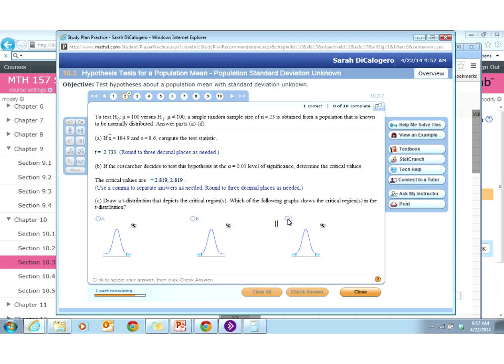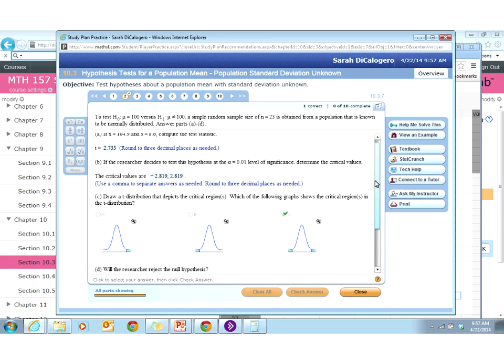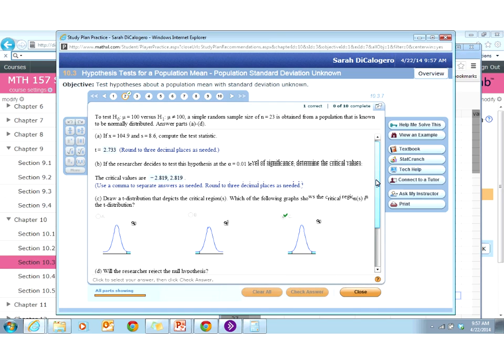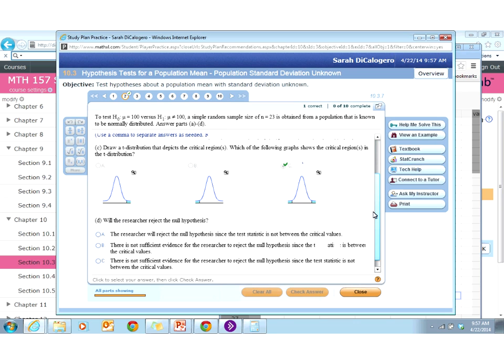Okay, well, it's a two-tailed test. The only one of these pictures that depicts a two-tailed test is C. But will they reject? Well, 2.733 is not in the tails.